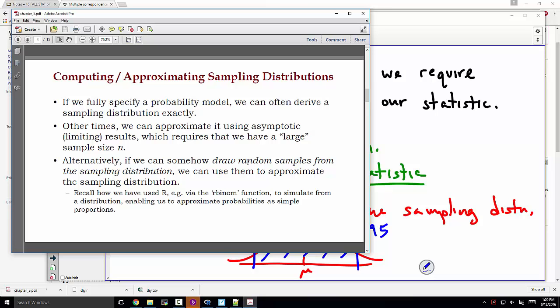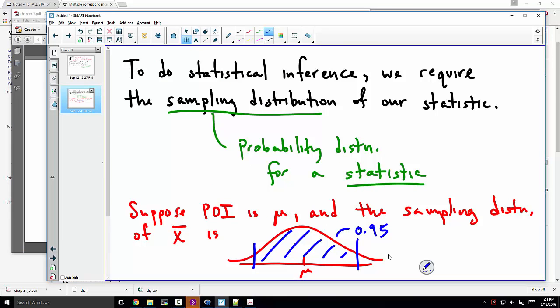And the strategy that's a little bit more modern that I want to introduce you all to is the simulation-based way to approximate sampling distributions. Back here, the red curve is the sampling distribution of X bar. Suppose that was normal and we knew or could estimate its parameters.